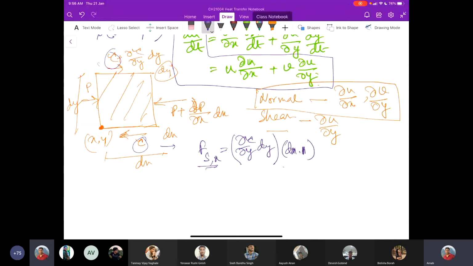minus del p by del x dx acting on the surface area.